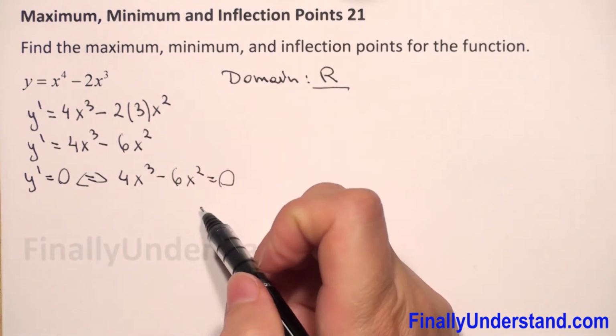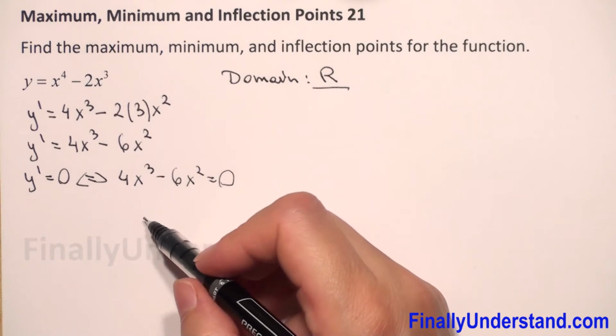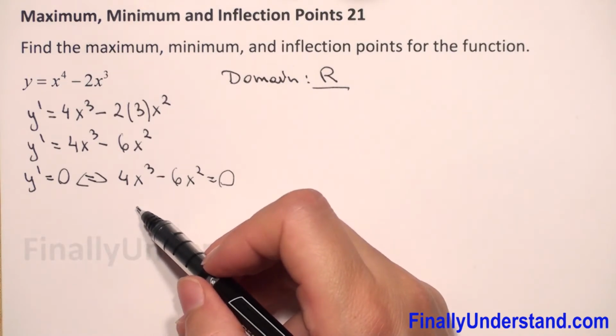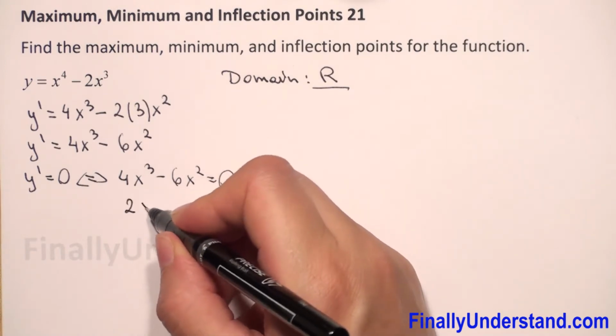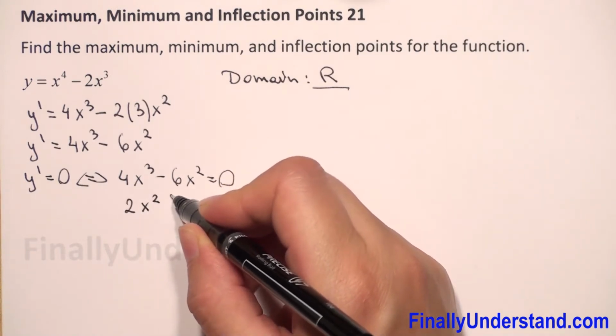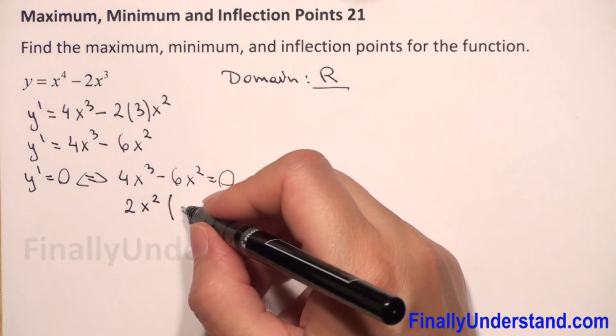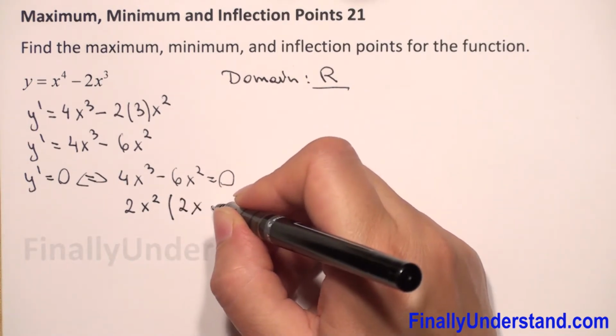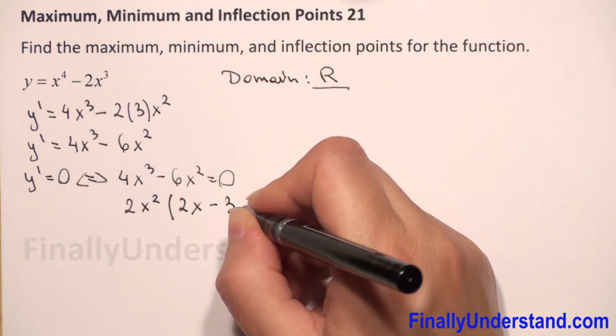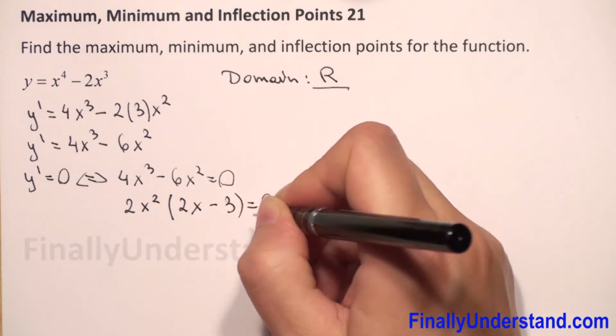We have to solve this equation. So first I will factor out 2x squared. In parentheses we will have 2x minus 3 equals 0.